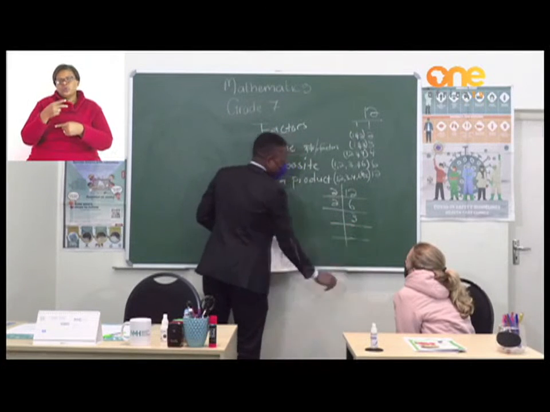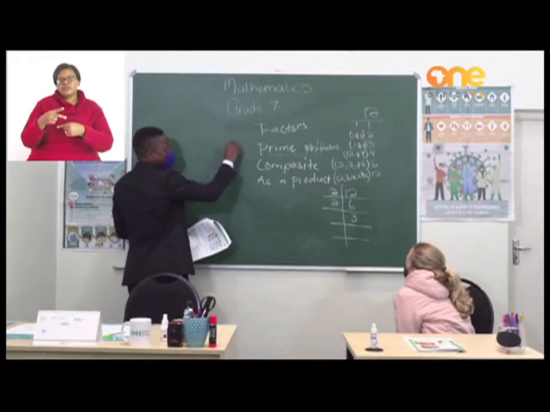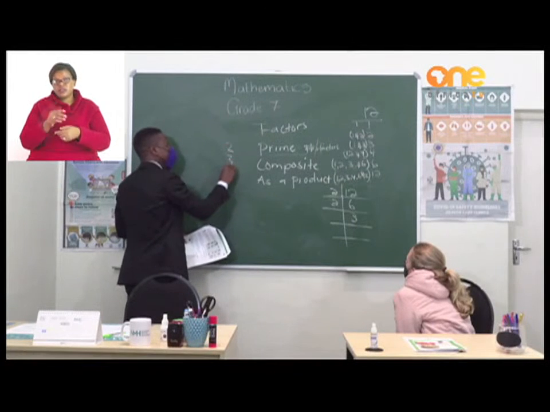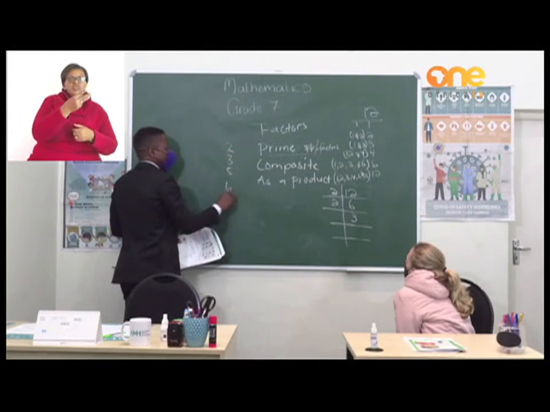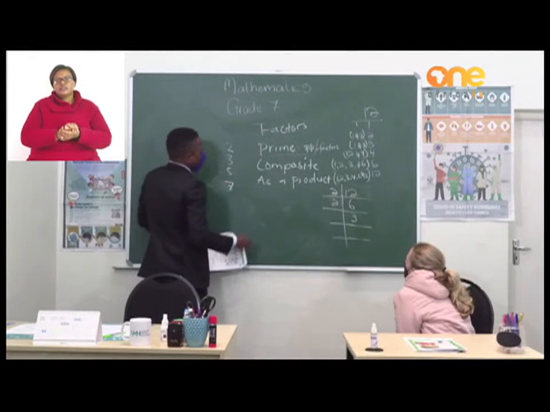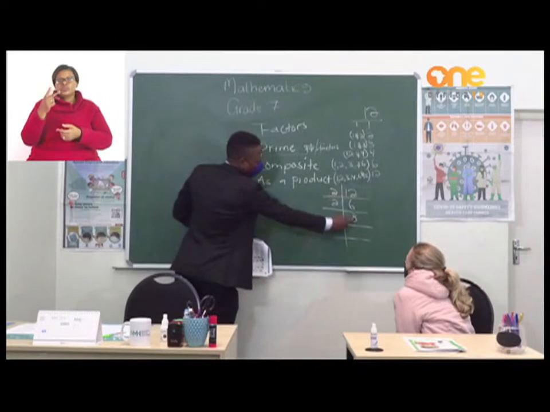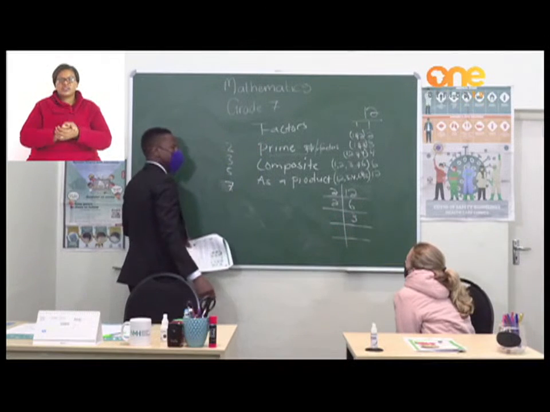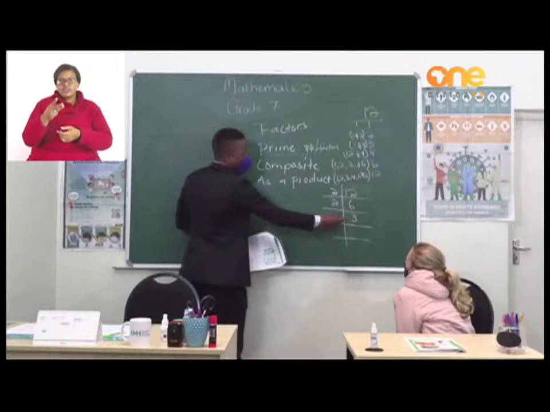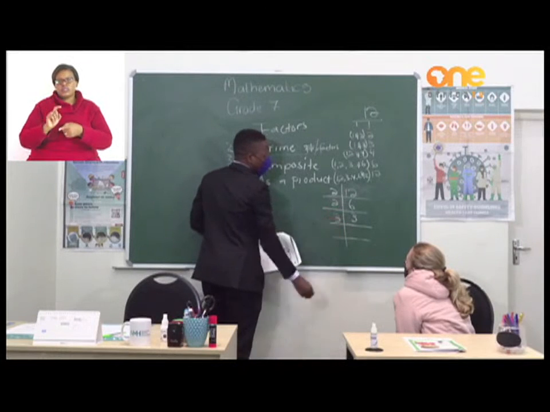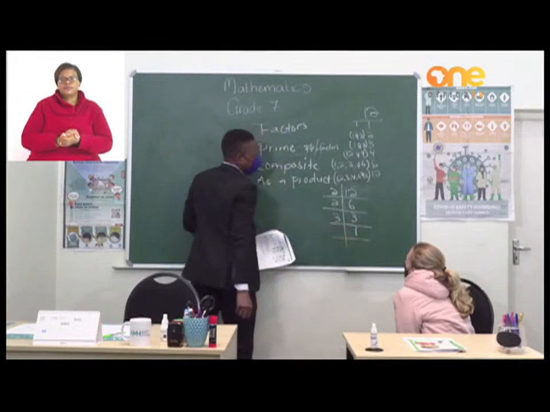In the next numbers, 2, 3, 5, 7, 2 cannot go into 3. 3, of course, can go into 3, so 3 goes into 3 one time.